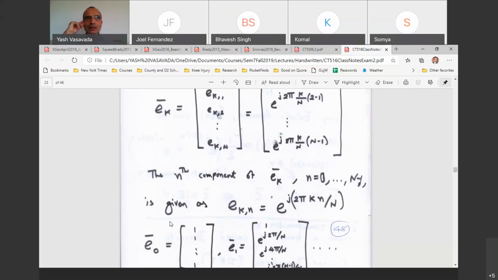Remember, when we are considering an antenna array, and let's say antenna array beamforming, there is no concept of time as such, or in other words, all the outputs of different antennas are collected at the same time. What is the frequency that you are mentioning? Sir, frequency is related to the theta angle of arrival. Yeah. Right. So I think Joel is right.